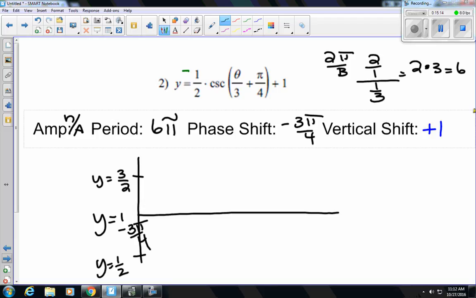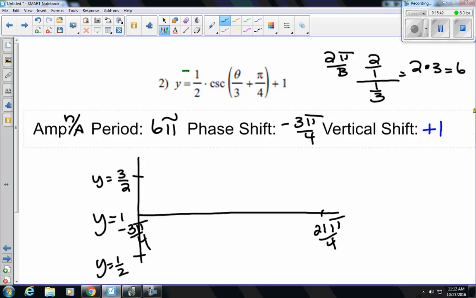So let's see if we can do this. How can I make an equivalent fraction for 6 such that the denominator is 4? 24 over 4. Will that do it? Yeah. Okay. 24 over 4 minus 3 over 4 is 21 pi over 4.